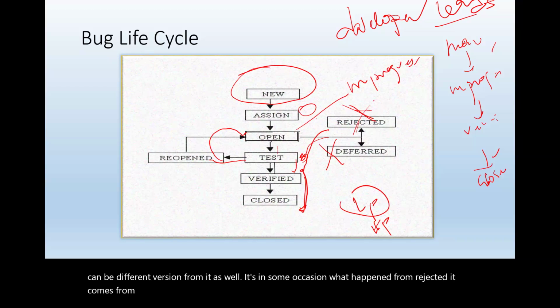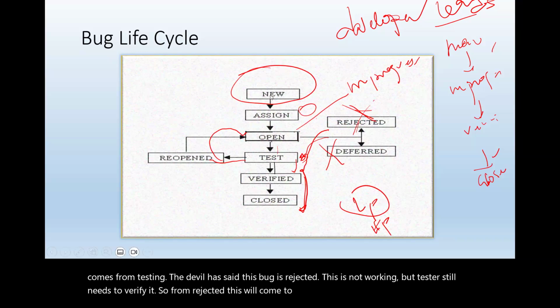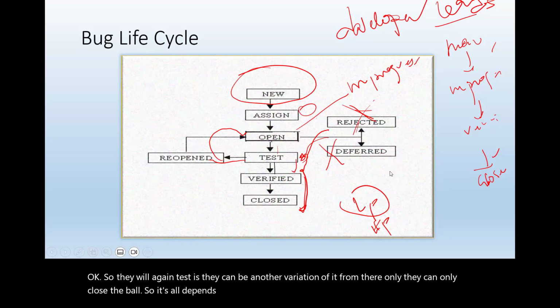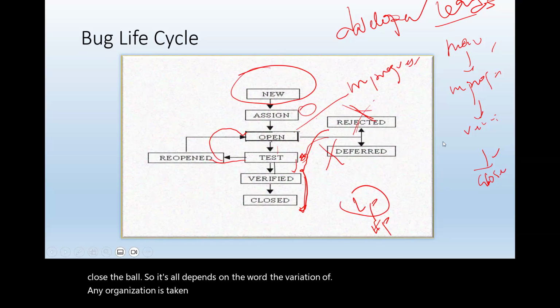The developer has said this bug is rejected, this is not working, but the tester still needs to verify it. So from rejected, this will come to test, and they will test it again. There can be another variation of it. From there only, they can close the bug. So it all depends on the variation any organization takes for testing the particular bug.